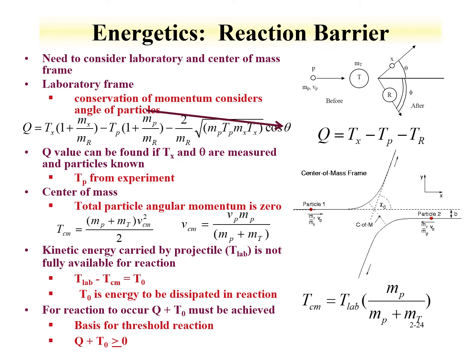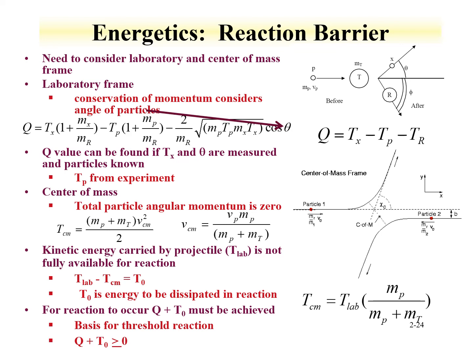And this allows us to evaluate the reaction if we know product information, such as the angle at which one of the products comes out of the reaction and its energy. We can find the Q value if that angle and the kinetic energy of X are measured and the particles are known.